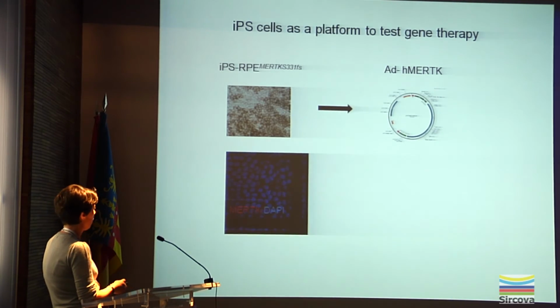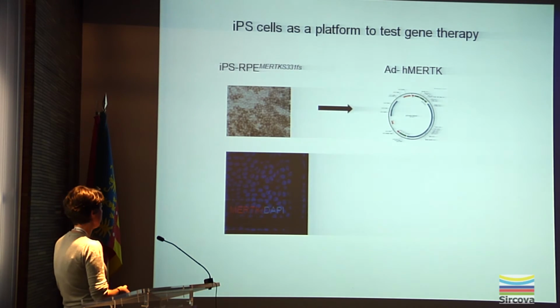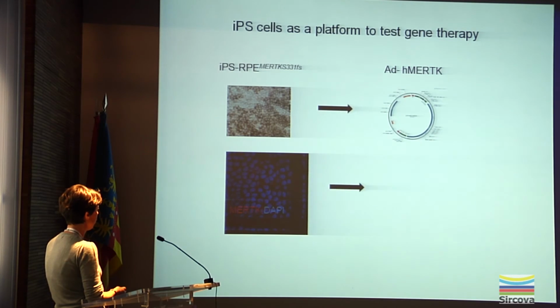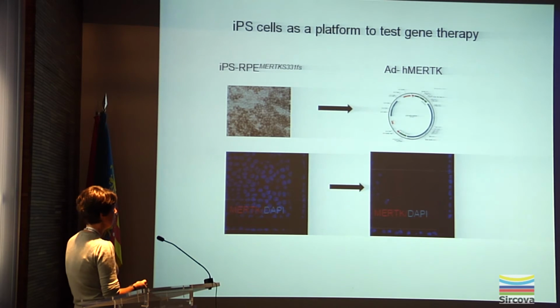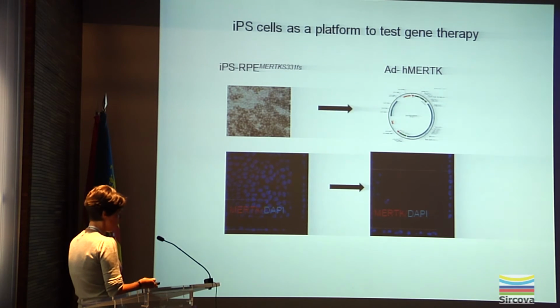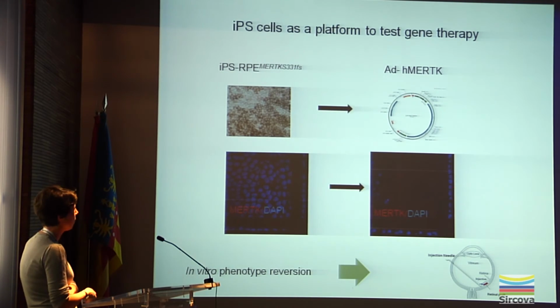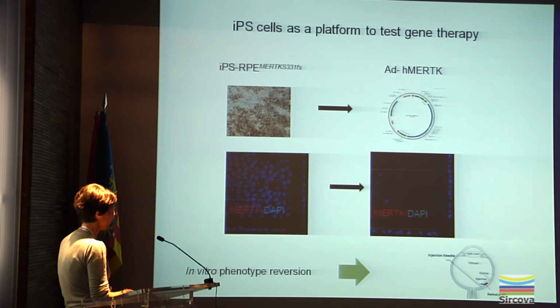In the monolayers we didn't see any level of MERTK expression. When we add this vector, after several days we are able to see the expression, to a certain extent, of the MERTK protein. In case we confirm that these layers are also functional in the phagocytosis assay, we can consider this approach for a cell therapeutic approach.